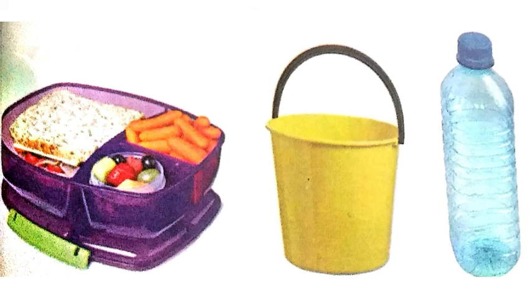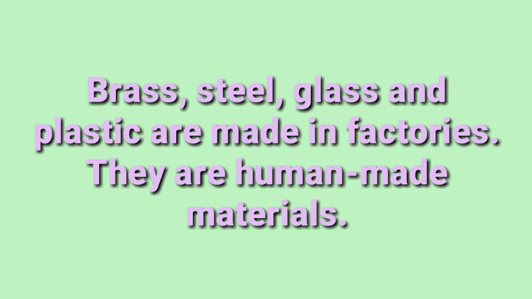It is not present in nature, so it is again a human-made thing. Now what we have seen: brass, steel, glass and plastic are made in factories, means they are human-made materials. Before that we have seen mud, clay and wood are the natural materials.